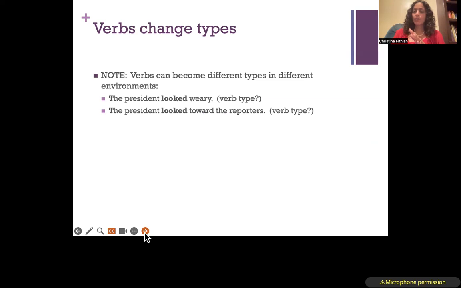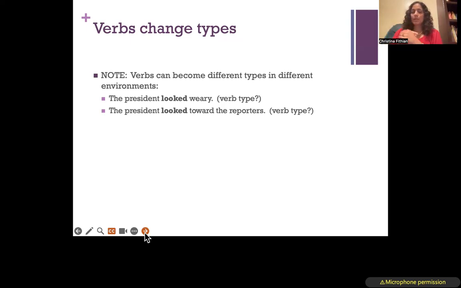However, now let's say we have the president looked toward the reporters. Now this one is a little bit interesting because in this case the verb look actually does seem to have a lot of meaning associated with it. It's the action of moving one's head and facing one's gaze at something. And specifically, where are we facing our gaze?